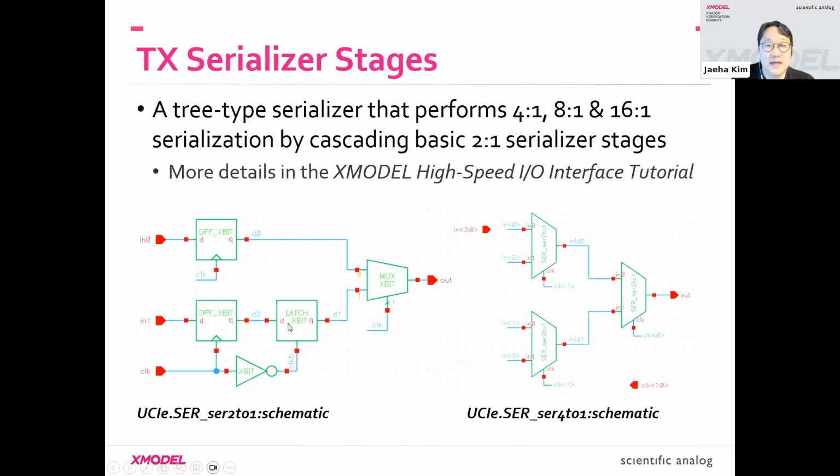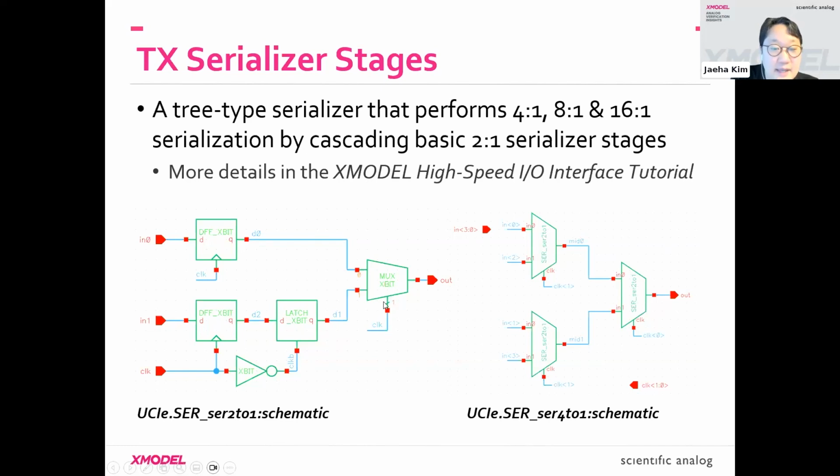Okay, and I said there are multiple ways, but one way is to use a tree structure made of 2-to-1 serializer stages. Here, each 2-to-1 stage can be modeled like this, which is a typical structure. You have a set of retiming flip-flops or latches that will set the correct timing for the input of the mux.